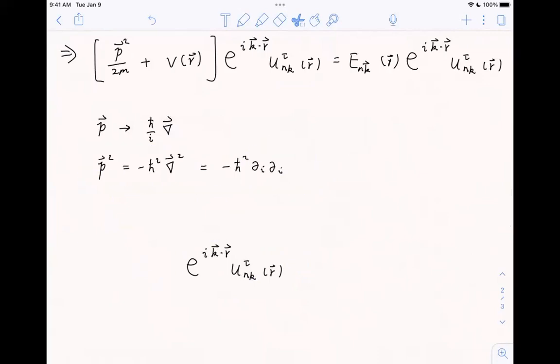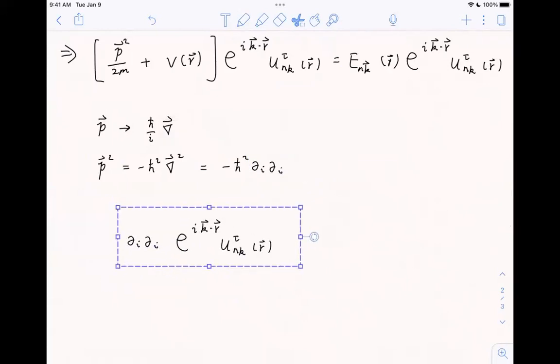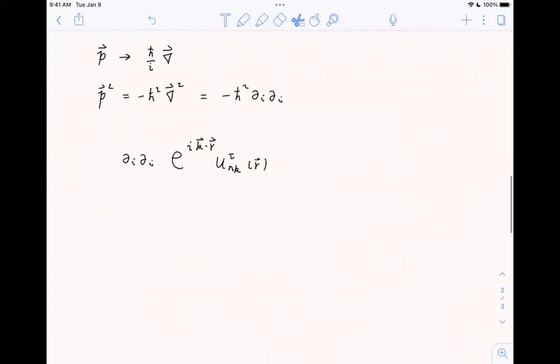So let's consider this part. Okay, so how will this change? First you apply the product rule of differentiation.